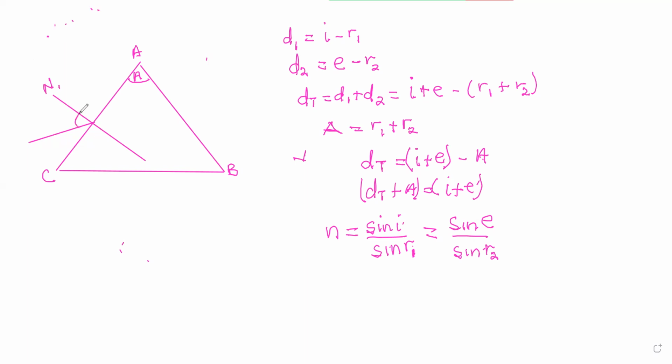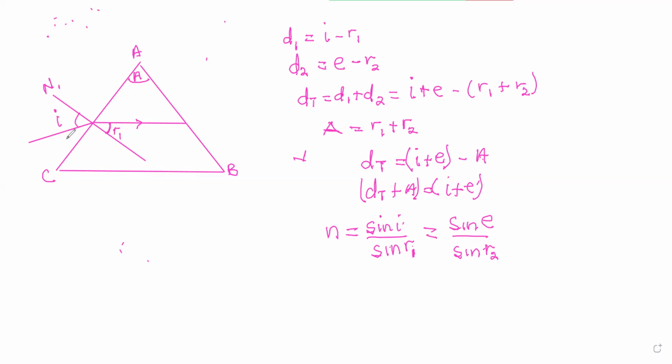So this remains the angle of incidence I. Of course, the light is from air to glass, so it will bend. Will it bend towards the normal or away? Towards. Okay, so towards the normal. So within the prism, this becomes the refracted ray. This is the first angle of refraction, R1.